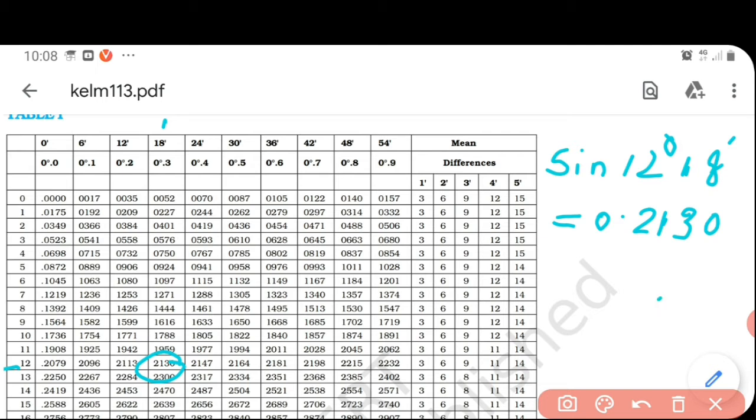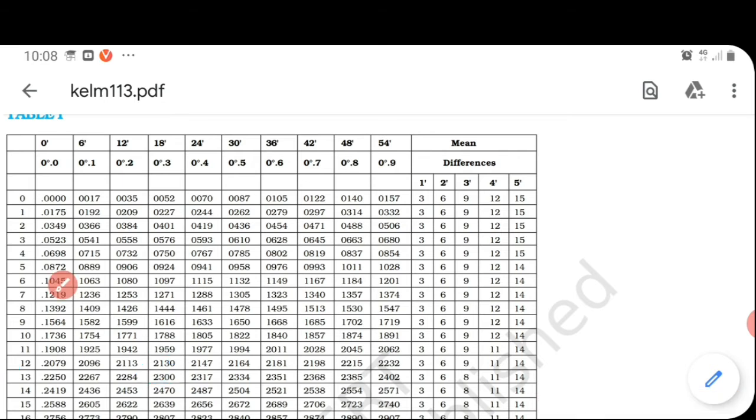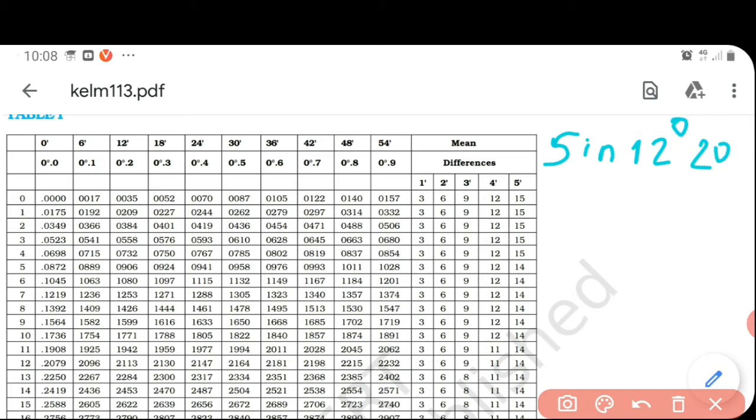Now one more example we will discuss, that is sine 12 degree 20 minute. Here 20 minute is not directly given in these columns. First of all we locate the 12 degree row.